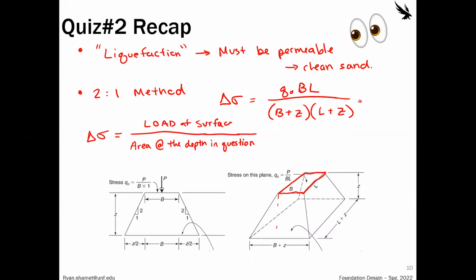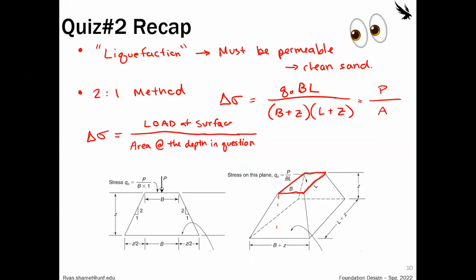So again, this is really just P divided by A, but that area is at the depth. So we follow that 2 to 1 slope. That's what's physically happening. We're assuming that it's dissipating. So with depth, since this P is not changing, the area is getting larger. We should see that delta sigma decrease the deeper we go, right? Because it's being distributed by a wider footprint.